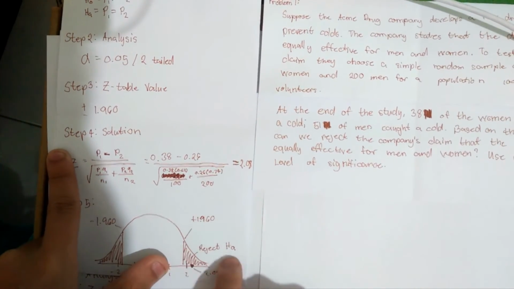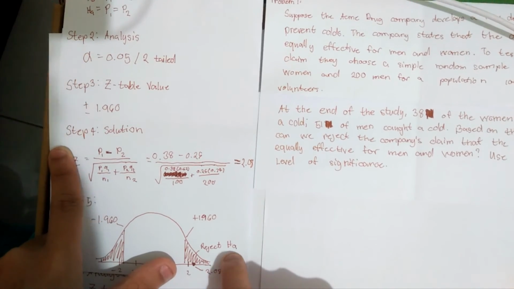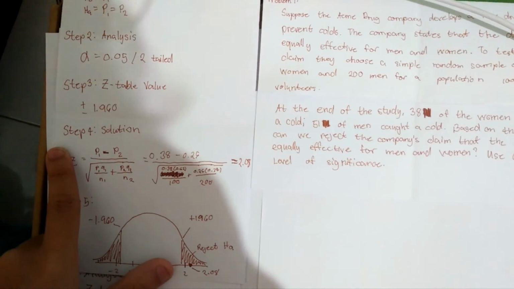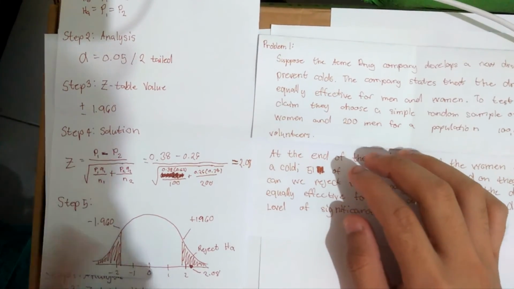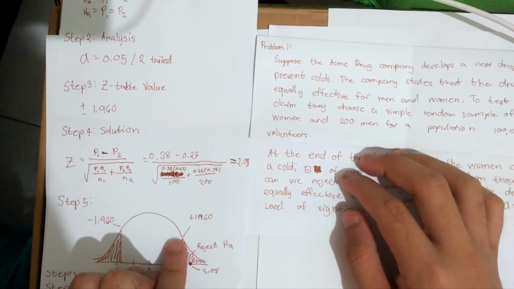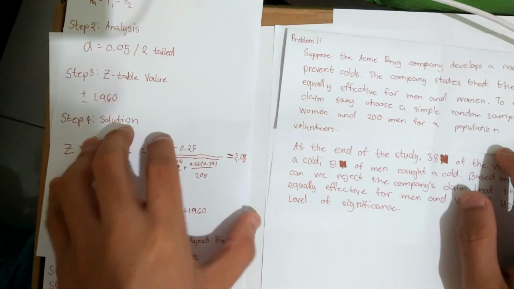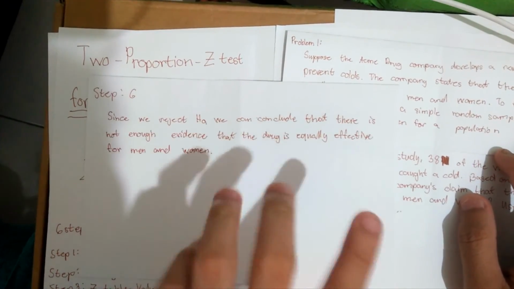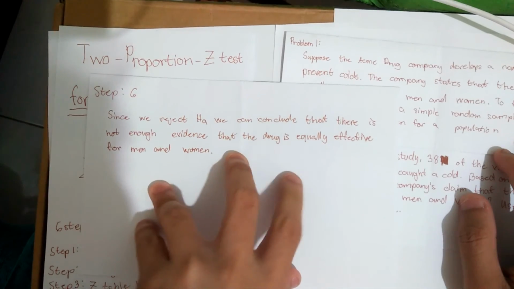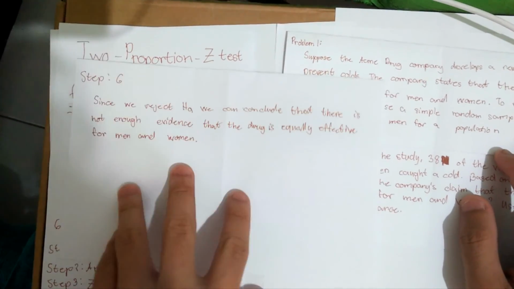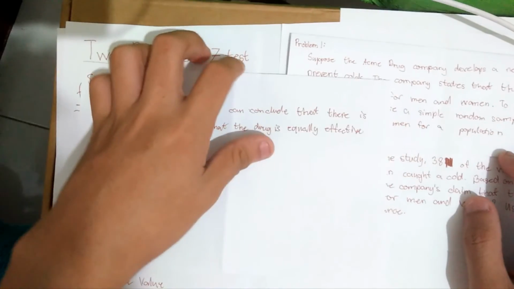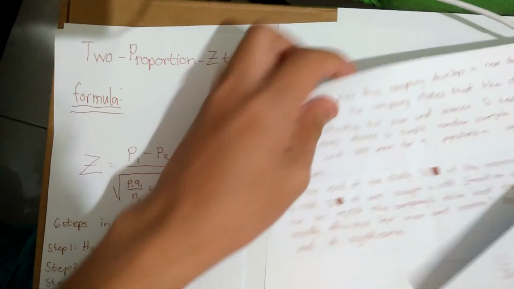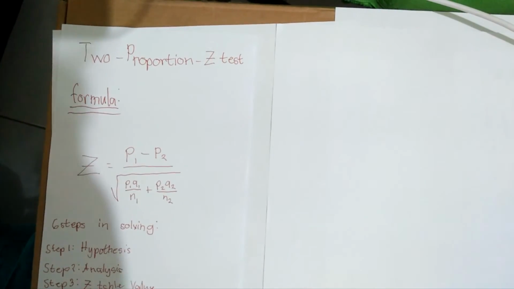It's rejected, we reject H0 because it's in the rejection region. So in conclusion, since we reject H0, we can conclude that there is not enough evidence that the drug is equally effective for men and women. That's it for the first problem.